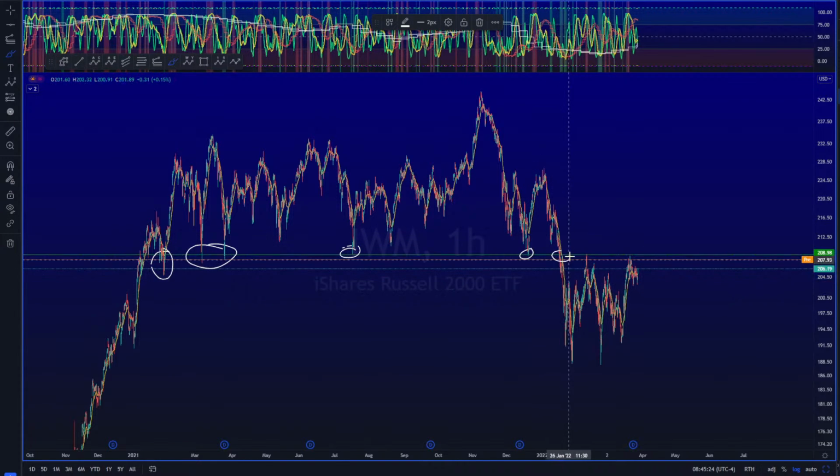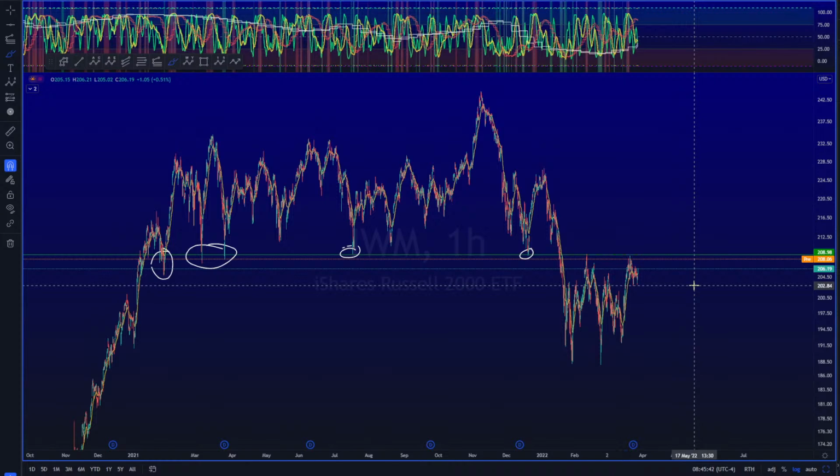And since we broke down from that level, we have seen a retest of that at least one time to kind of confirm that as resistance. We tested it a second time to confirm it as resistance. And now, pre-market, IWM is up at about 208. So that leads me to believe that we are more than likely going to retest it again.